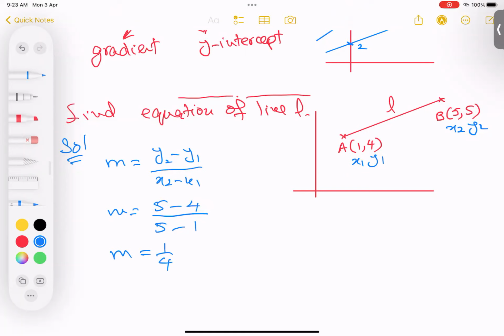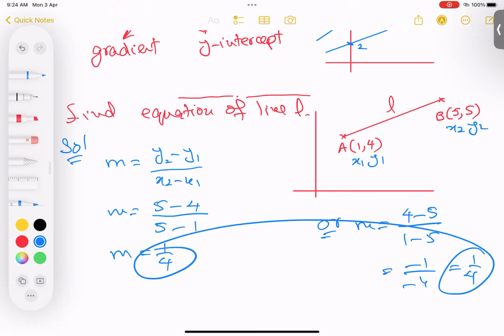But one student says, no sir, I want to change. No problem. Let's start the reverse: take this y as y2 and this y as y1. So 4 minus 5 over x2 being 1 minus x1 being 5. What comes up? -1 on top and -4 on the bottom. The negatives cancel.